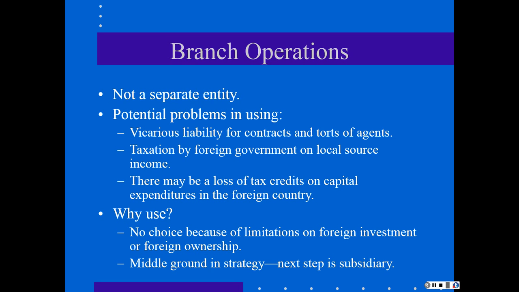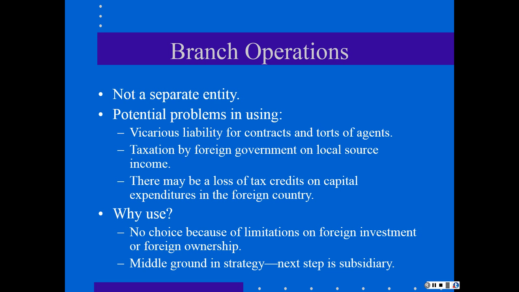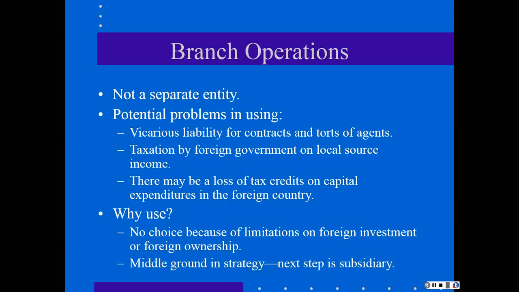And third, there may be a loss of tax credits on capital expenditures in a foreign country. Generally, our tax law prefers investment in the United States. This is because jobs are created in the United States. We don't want to give tax credits or give any kind of an incentive for U.S. investment to go abroad.